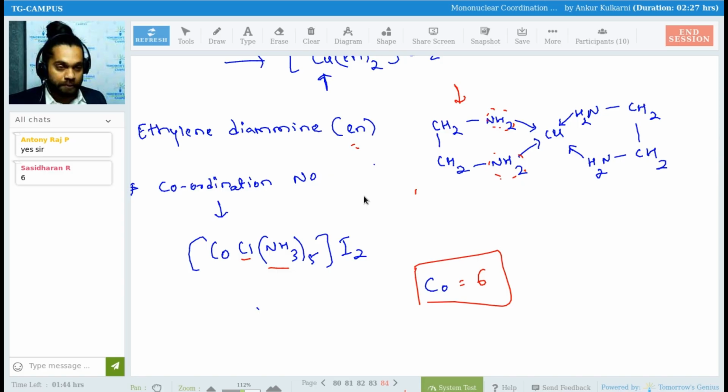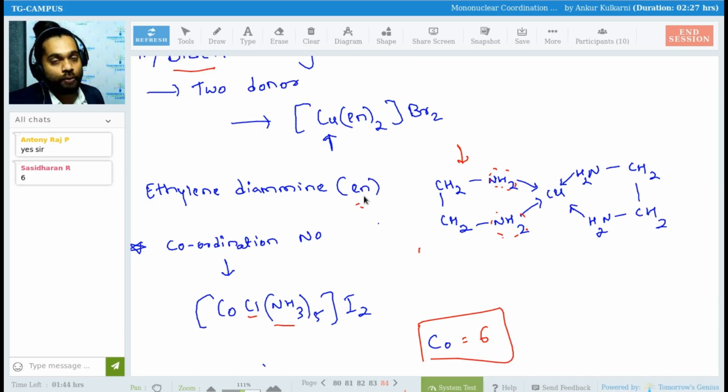Is it clear? Now, come on, tell me, what will be the coordination number of copper over here in Cu, En2, Br2?